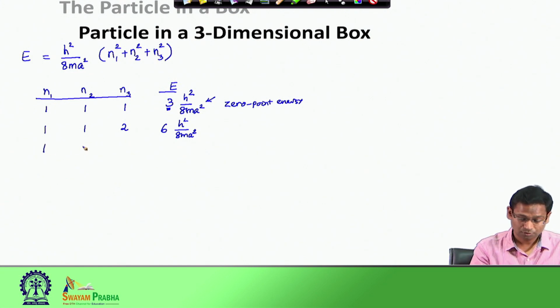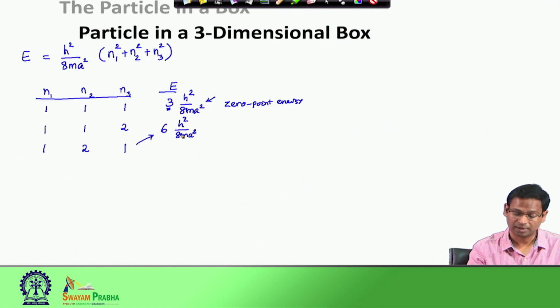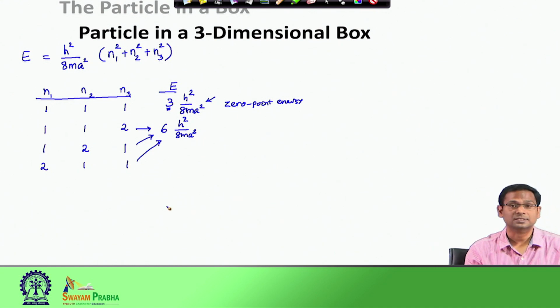I can also do 1 2 1 and you will see the energy of this state is also the same, 6 h square divided by 8 m a square. There is one more function, 2 1 1, which also has the same energy.